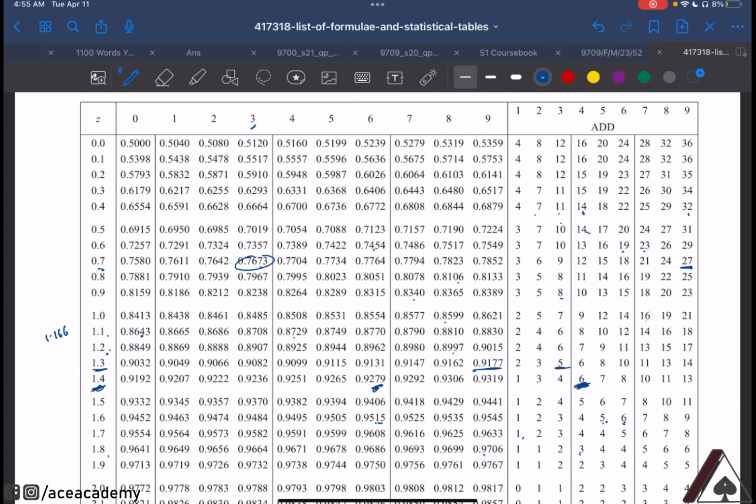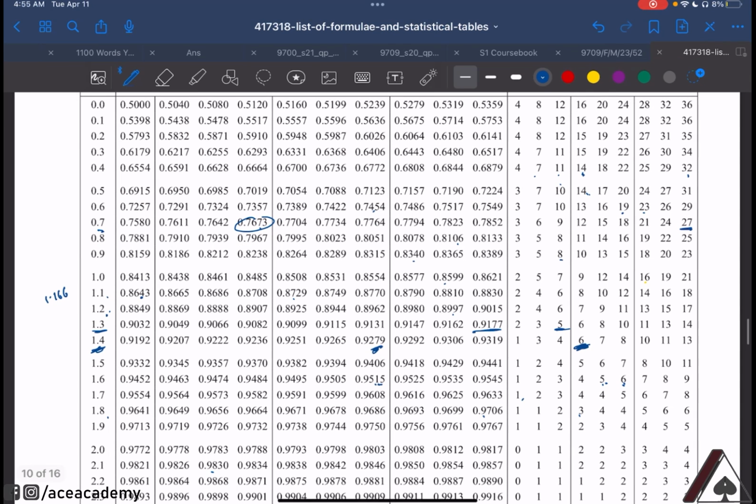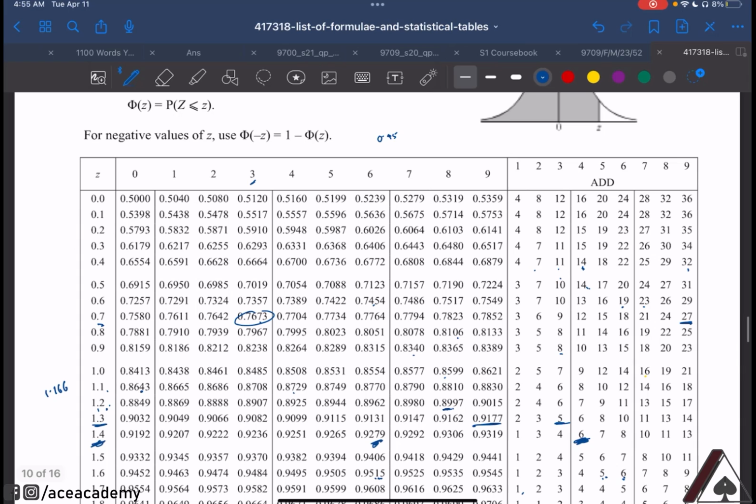Now we have to identify 0.9 from the probability distribution table, which is 0.8997 plus 4 by 10,000.